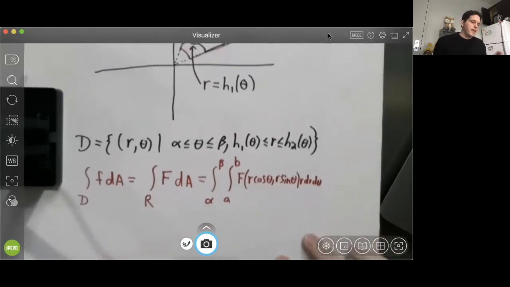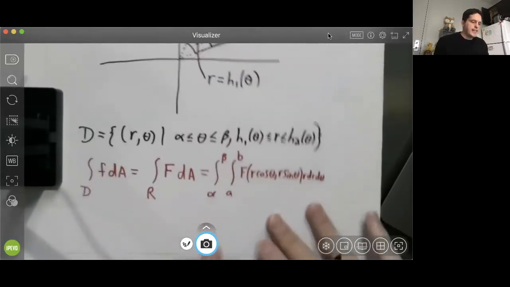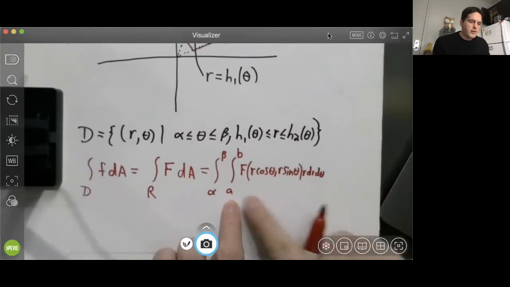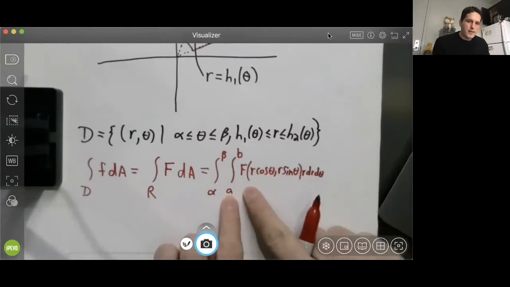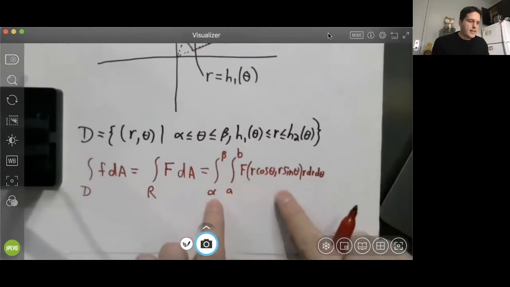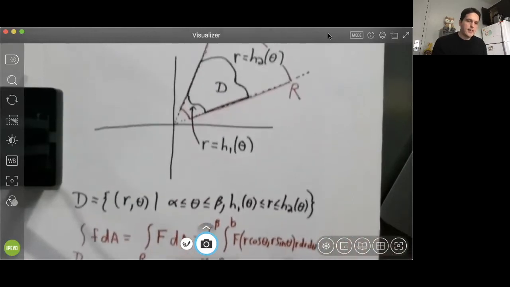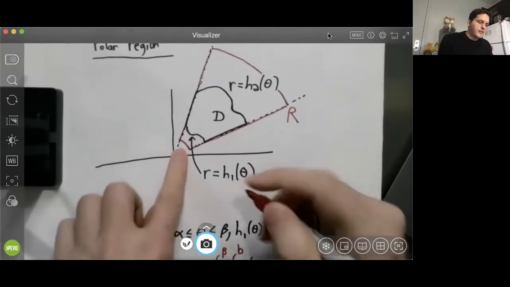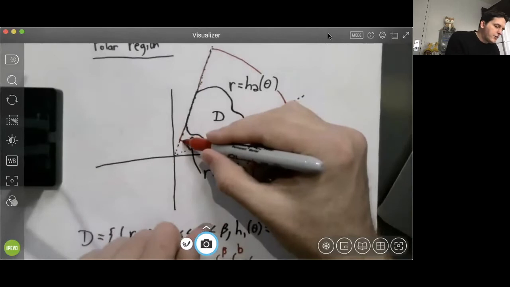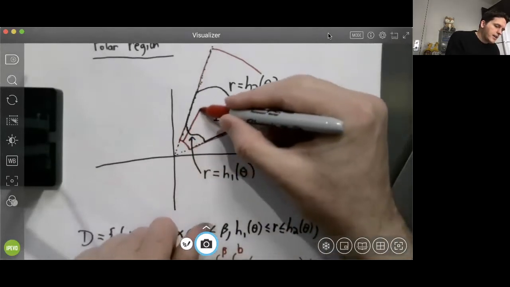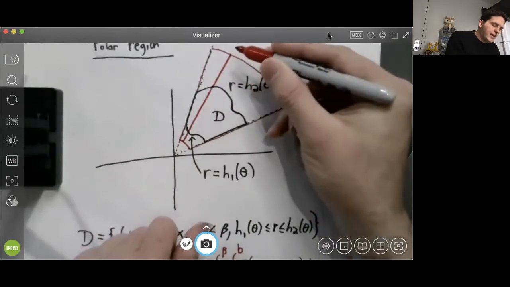Okay, but let's look at this inside integral. Here we're integrating from a to b. For a given angle theta, we are integrating from a to b.